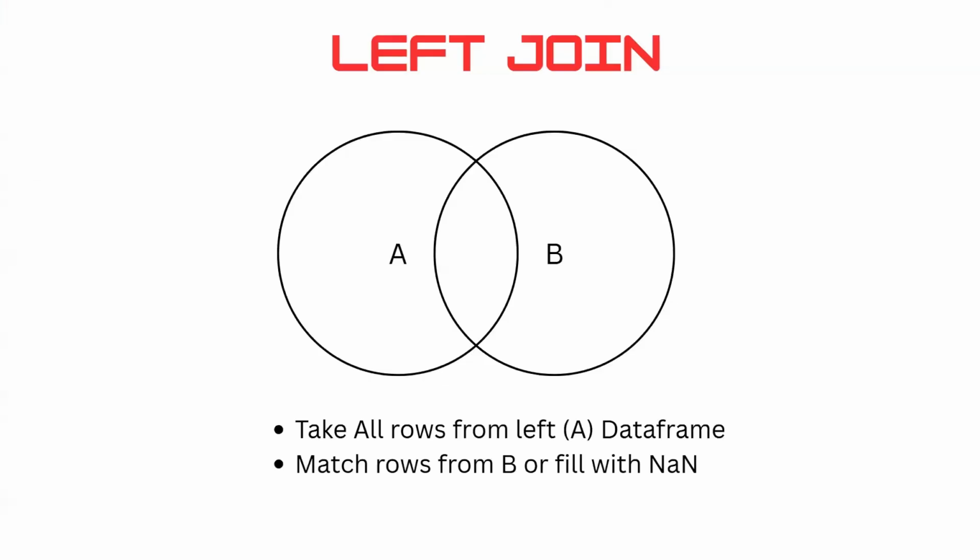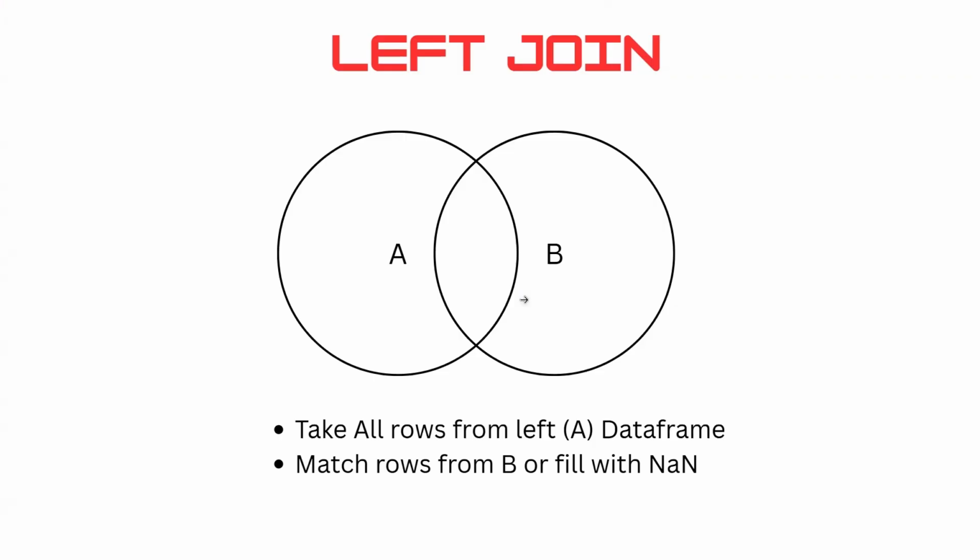So in the left join, suppose we have two data frames, data frame 1 and data frame 2. Okay. But in case of left join, it will take all rows from left, 100% of the rows and data from left, and matches rows from B, or if any row did not get matched, it will fill with NaN. And this matching we do based on the column.